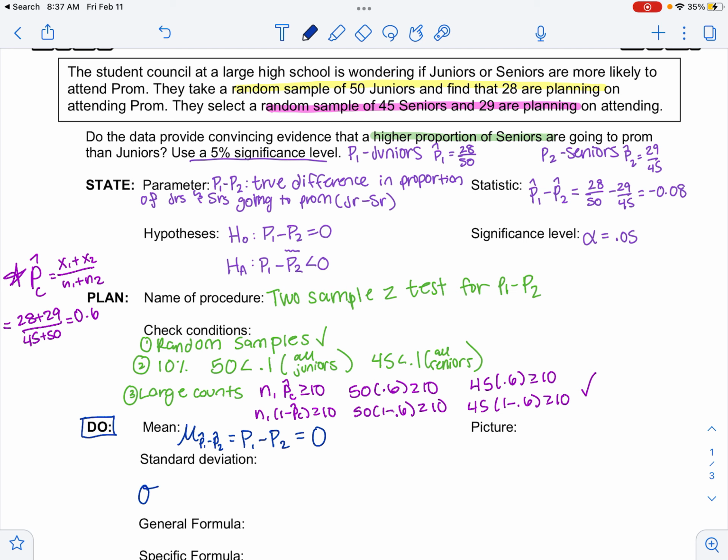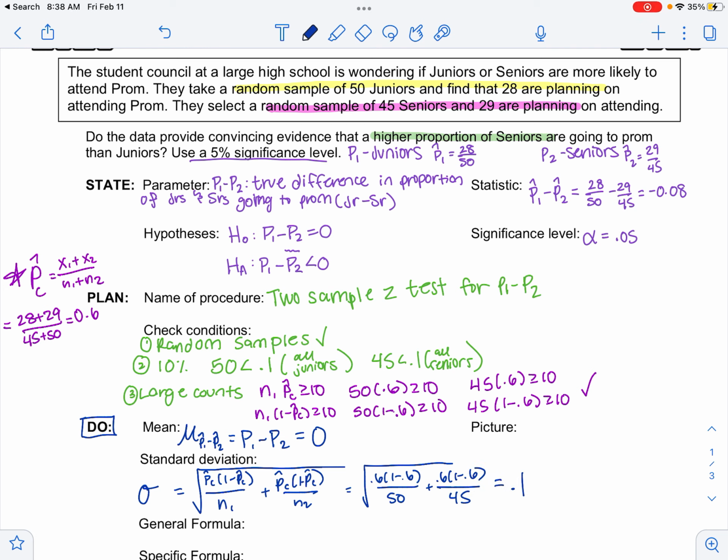So our standard deviation is now going to be equal to the square root of p hat combined times 1 minus p hat combined over n1 plus, so we still do both n1 and n2 separately. When I plug in here, that is the square root of 0.6 times 1 minus 0.6 over 50 plus 0.6 times 1 minus 0.6 over 45, which equals 0.1.